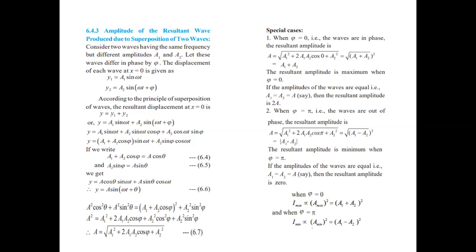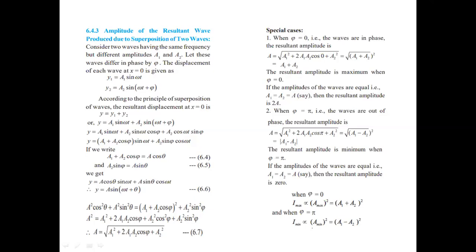Second case, when phi is equal to pi, that is, the waves are out of phase, then the resultant amplitude becomes A equal to under root A1 square plus 2 times A1 A2 cos phi plus A2 square. Cos pi is minus 1. So in the next step we can write under root A1 minus A2 bracket square.